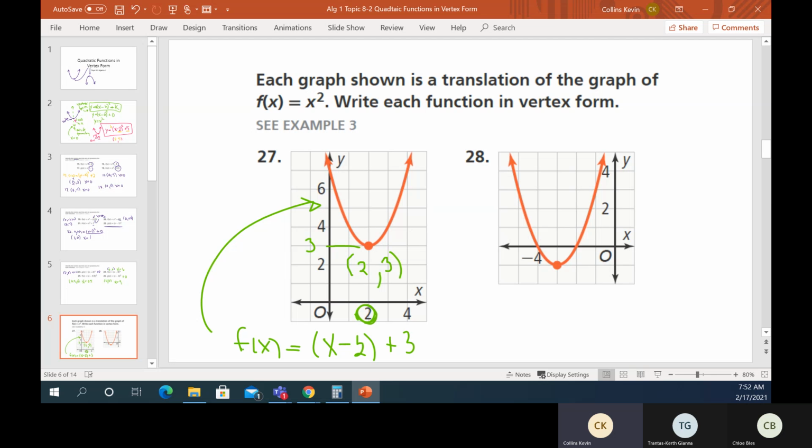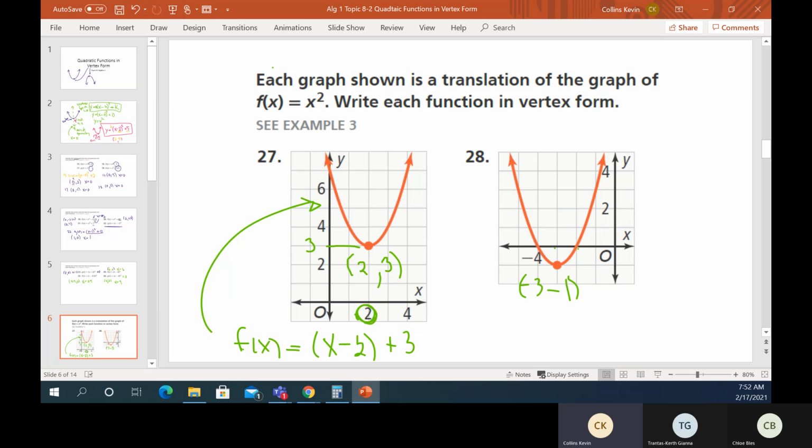So how about this guy? What's the vertex on this one? So we're going to go back 3. Okay, good. And how about the other guy? Yep, back 3, down 1.